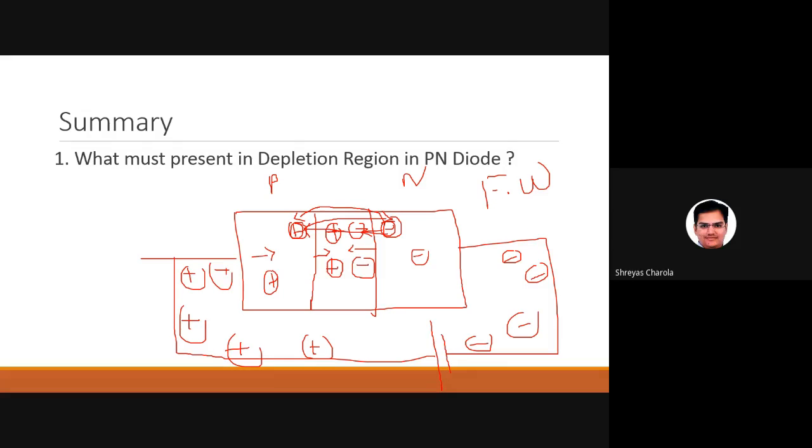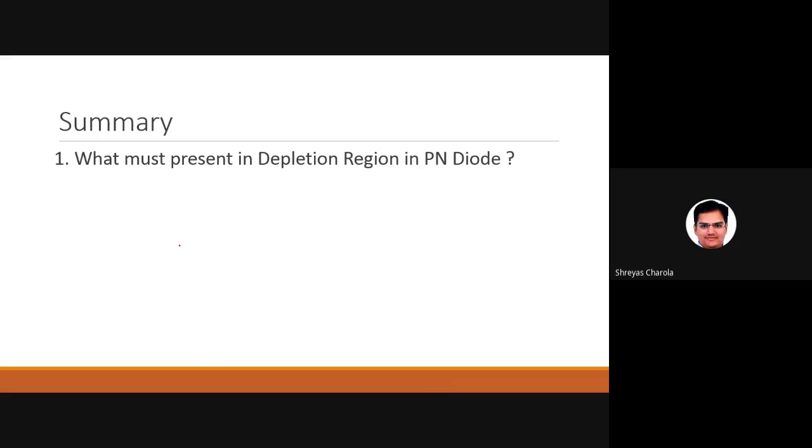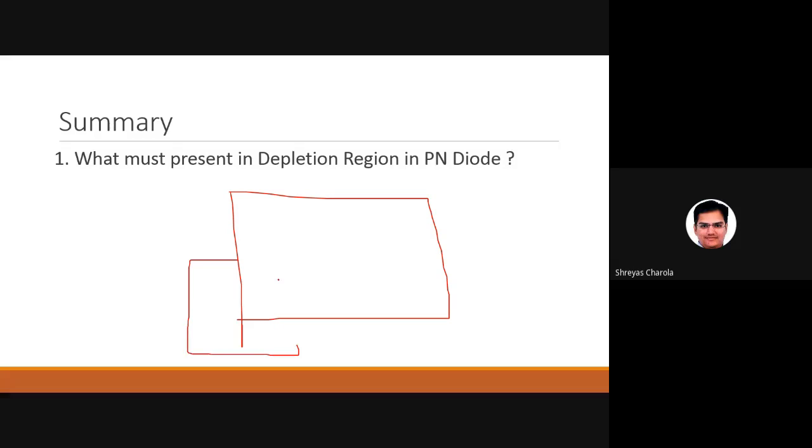When you change the polarity, the p-type material has a negative polarity and the n-type has a positive polarity. So at this positive terminal, what happens? The free electrons, which are extra, will move over here.